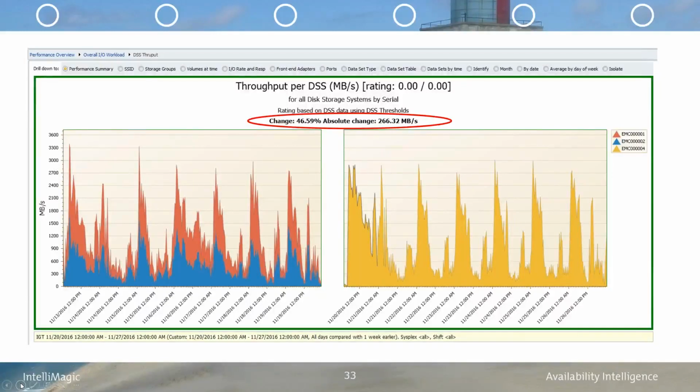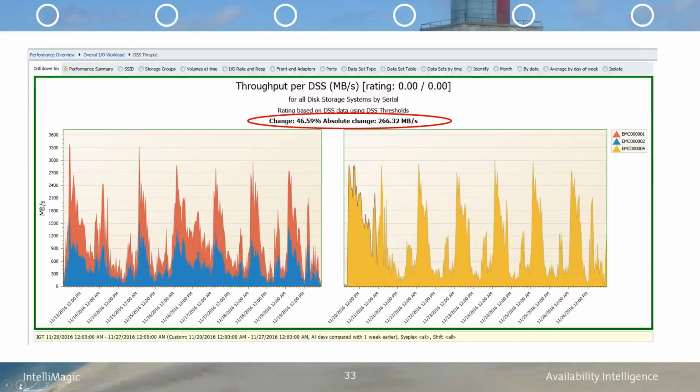So we're looking at the week of data immediately following the migration and comparing it to the week of data just before the migration. And what do we see? We see about a 46% improvement in throughput with the new storage hardware. So that's good, right? There must have been some latent demand in the system, and now we're able to improve things quite a bit.